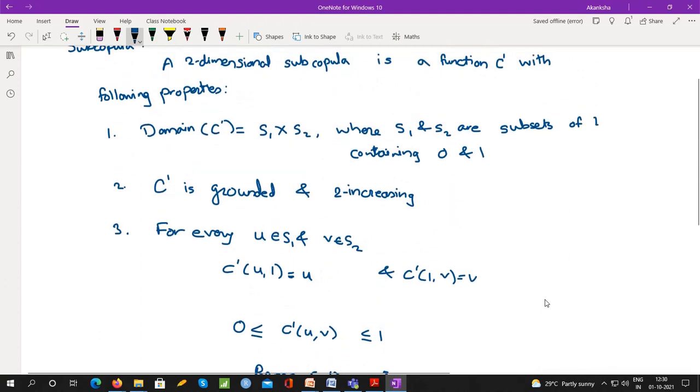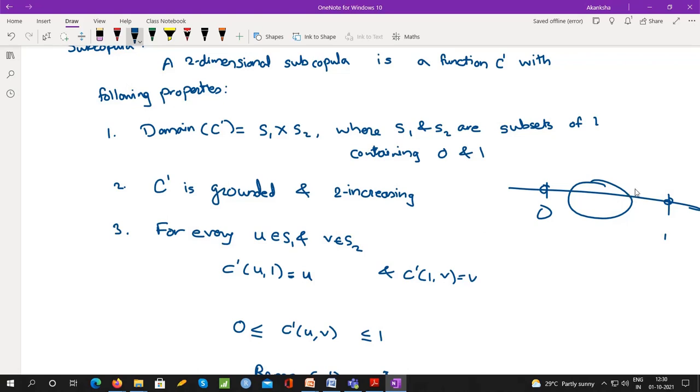So currently our domain of C prime is S1 cross S2, where S1, S2 are subsets of I, which means they are subsets of the unit interval. In addition, we have put a condition that the subsets should contain 0 and 1. What does it mean? Suppose this is 0, this is 1. You can't have S1 as this part only. That is not allowed. You can have this part plus this point as S1. That is allowed.